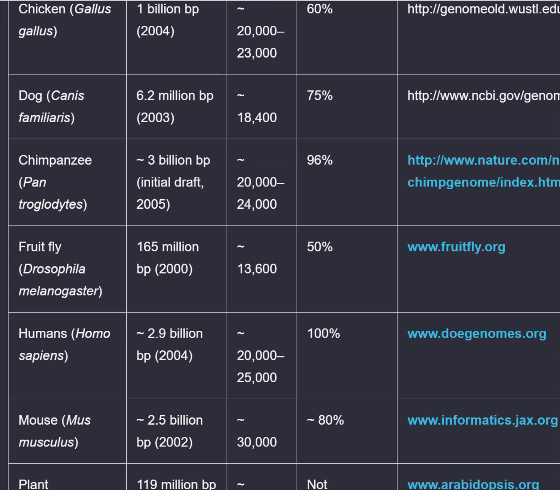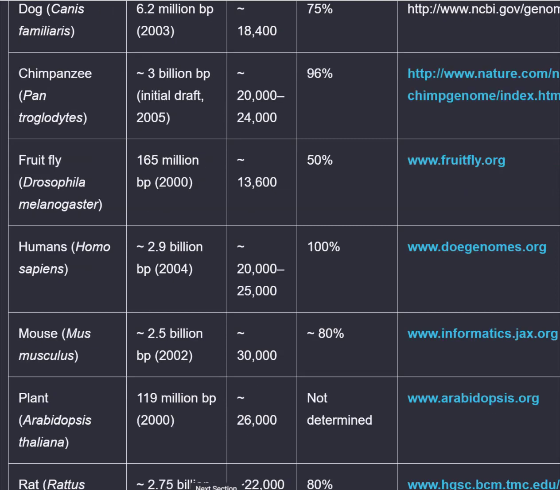Chicken, Gallus gallus: 1 billion BP, 2004, 20,000 to 23,000 genes, 60%.